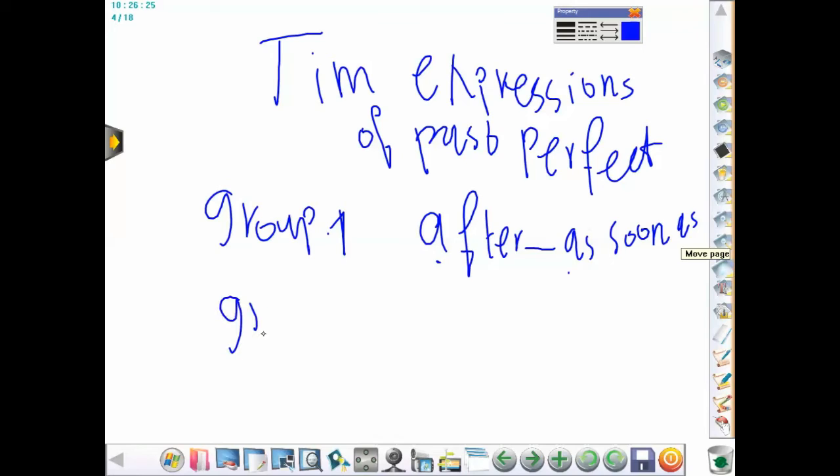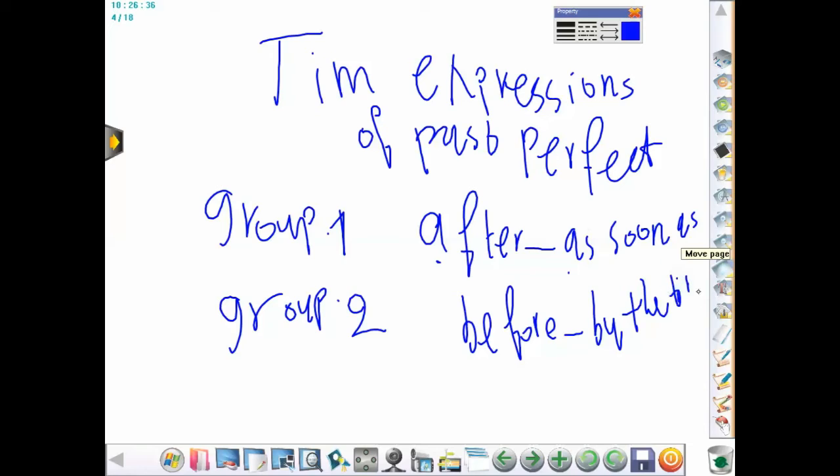And group two, it's going to be before and by the time. Again, the two time expressions here start with letter B as well. So group 1 after, as soon as, group 2 before, by the time, okay? Remember the groups very well because that's what we're going to apply on the sentences after that.